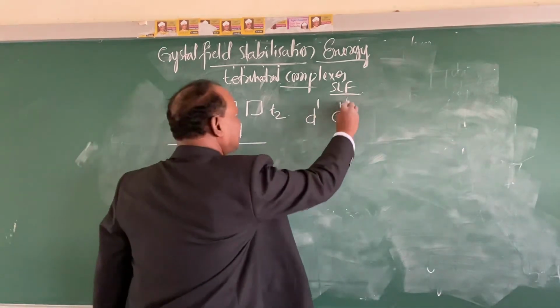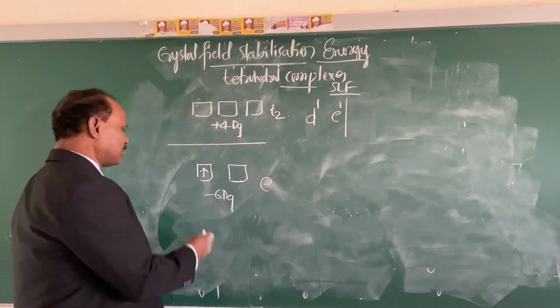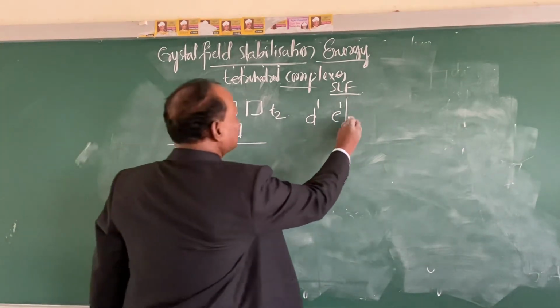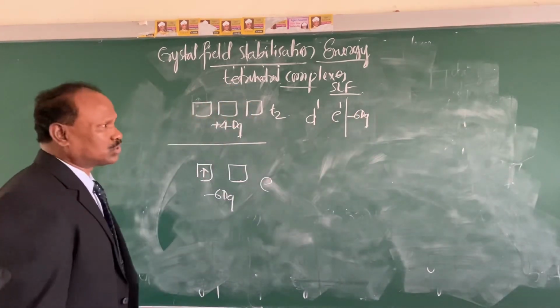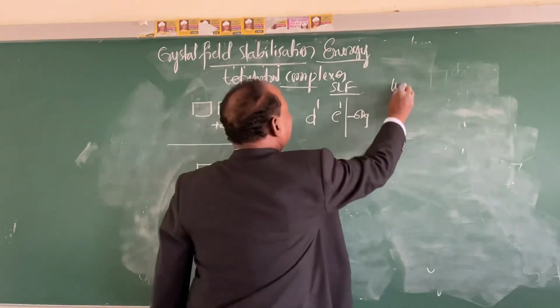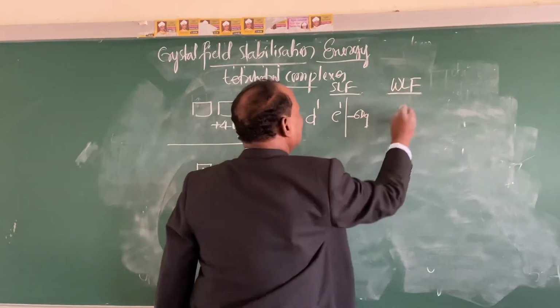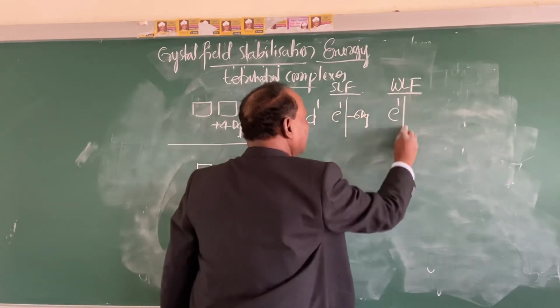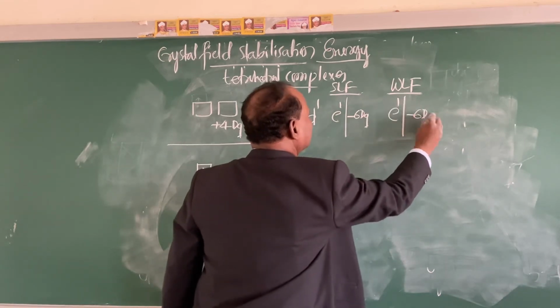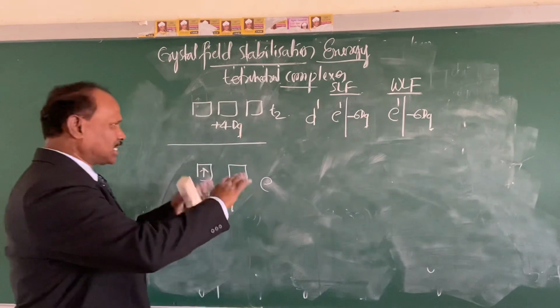And its crystal field stabilization energy is minus 6 Dq. So in case of the weak ligand field also, since there is only one electron, its configuration is e1 and energy is once again minus 6 Dq. So you can continue like this.